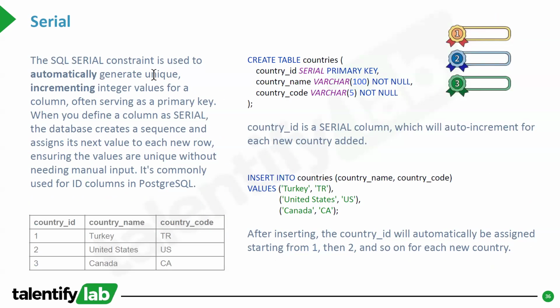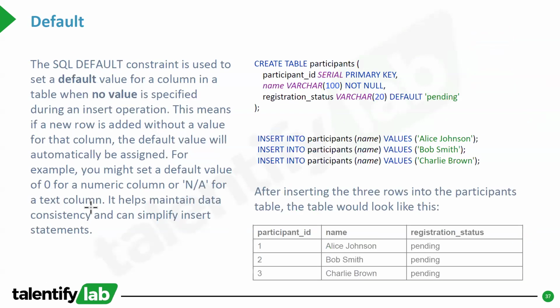Serial, as I told you: when I add Turkey, United States, Canada, I can add them, but these country IDs will be added automatically in increments. Incrementally, it will automatically generate unique incrementing integers. Default means this: if I do not assign anything, it will assign itself as the default.